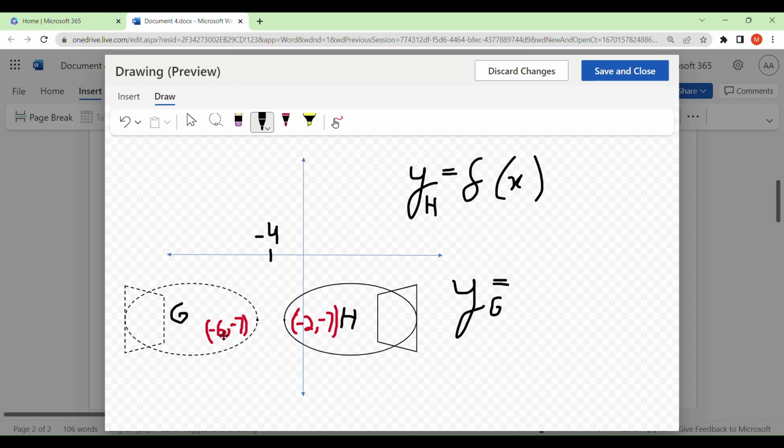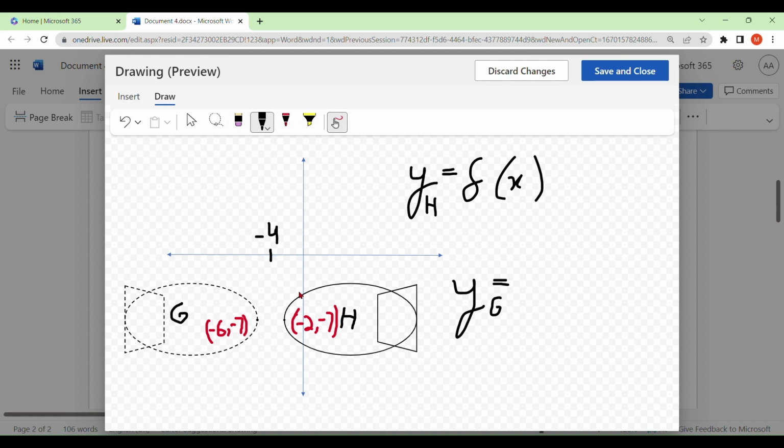We have taken two common points which have been reflected in this case. We assume that this part of the graph has moved towards the left, so it has reflected on this line, x is equal to minus 4.